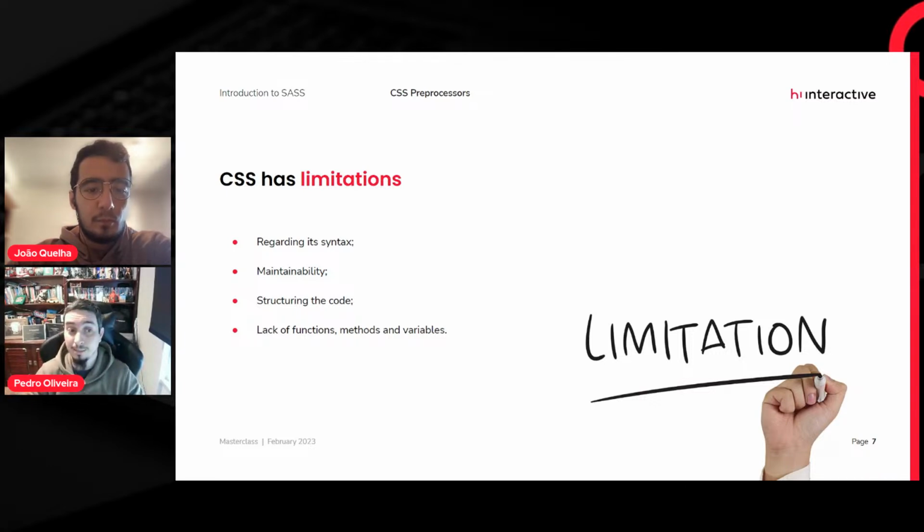And the worst of these limitations is the lack of methods that help us reuse code in different sections of our CSS file. It doesn't have functions, and it doesn't have variables.